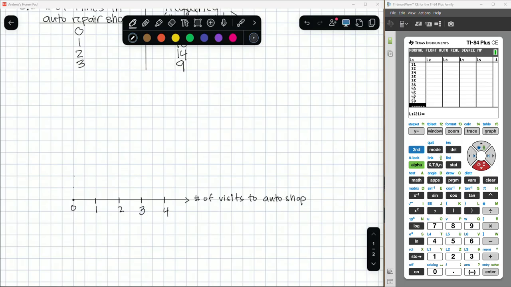So 2, 4, 6, 8, 10, 12, 14 would be here. So 1 extra. And then this represents number of people, or frequency.